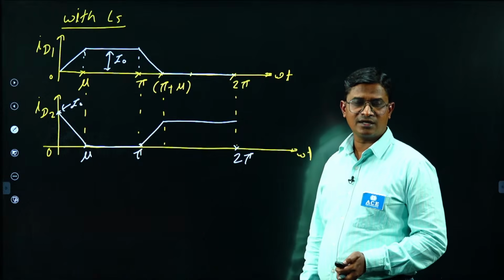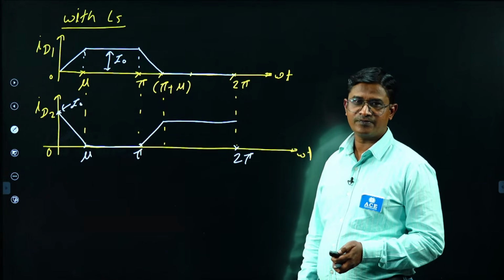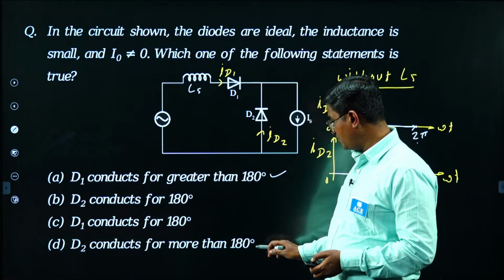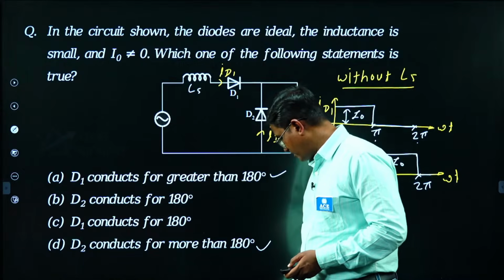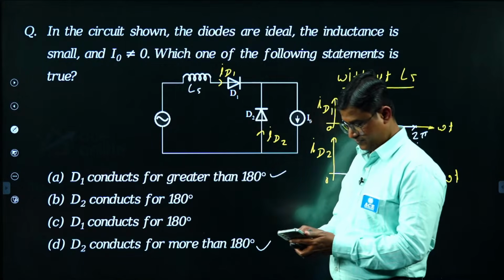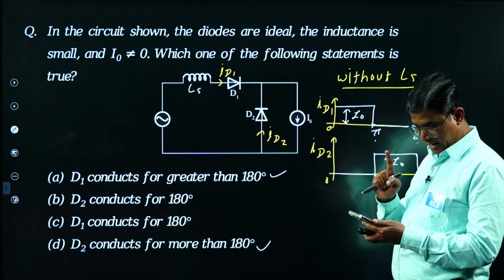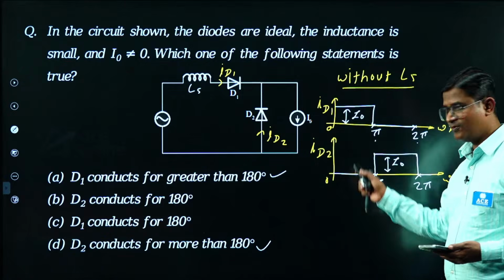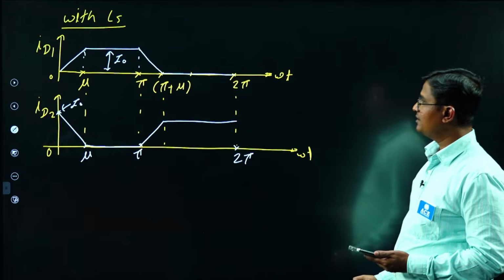So both will be conducting for an angle greater than 180 degrees. So the correct answer is the option D1 conducts for greater than 180, D2 also conducts for greater than 180 degrees. Alright, so the correct answers are A and D, right? Please understand this, without LS and with LS, what is actually happening.